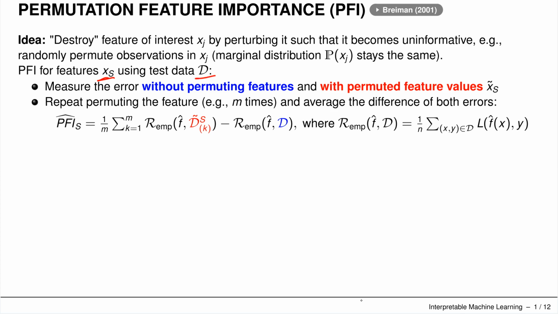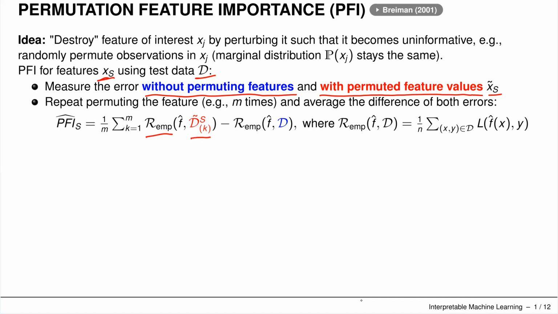So now we measure the error once without permuting the features and once with permuting the features. We call the permuted version x_S tilde. And we repeat that m times by calculating the empirical risk, so the loss of our model, using D_S tilde k.